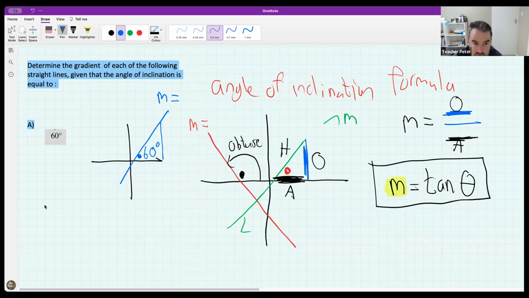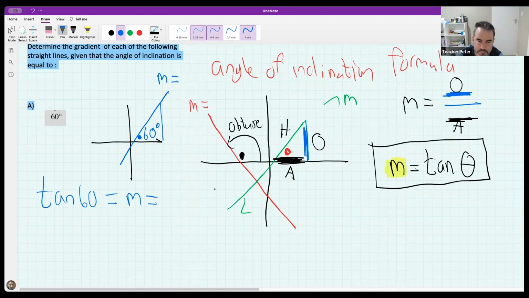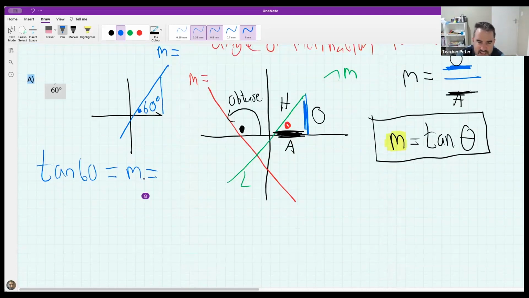I think in my calculator, I should just put the tan of 60, and then I will get the gradient. So tell me, what do you get in your calculator? Pop it in the chat there. Naledi and Buchle are saying root 3. And Callan agrees. So I think you guys are off to the races.